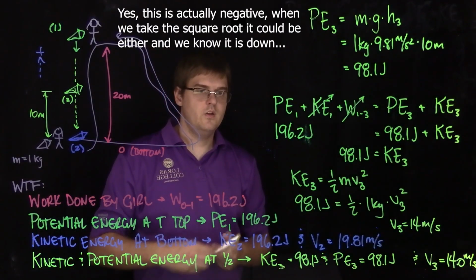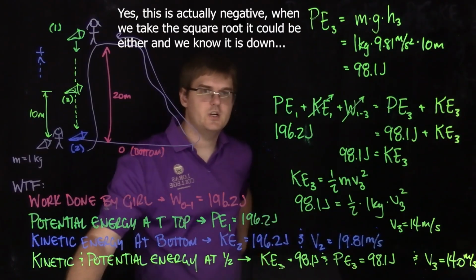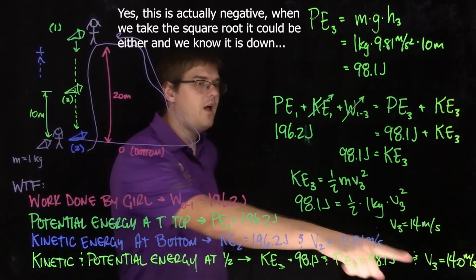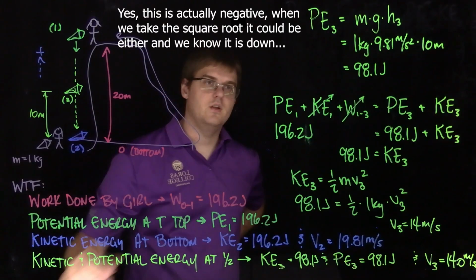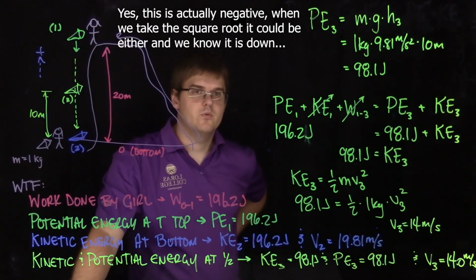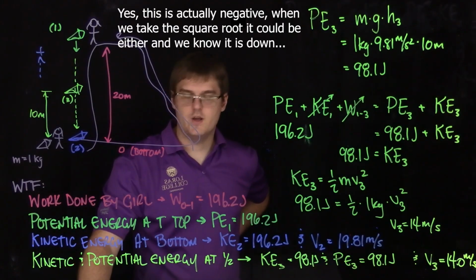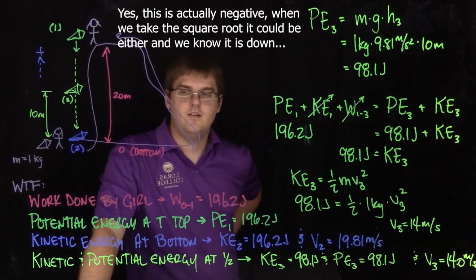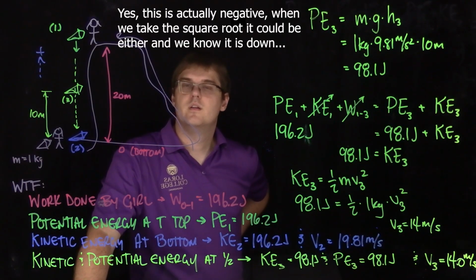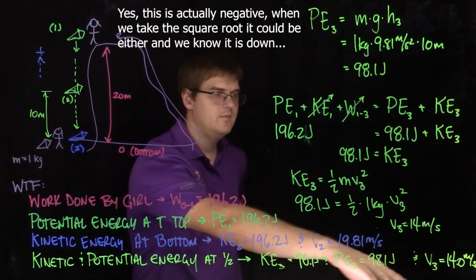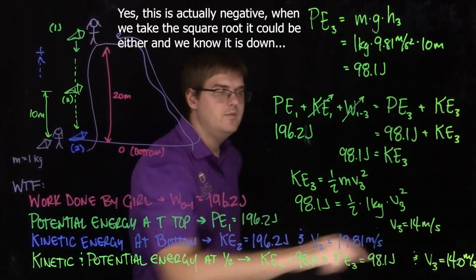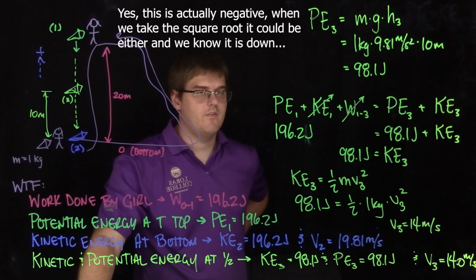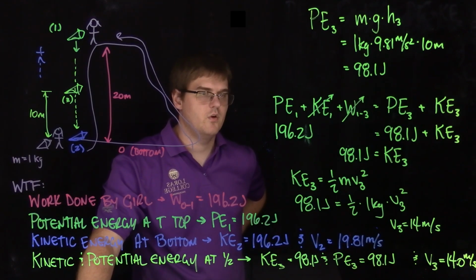So note that kinetic energy and potential energy are halved because we're halfway down. The velocity is increasing exponentially because our kinematic equation is squared. Well, not entirely that, but still, we have a velocity of 14 meters per second so far on the way down.